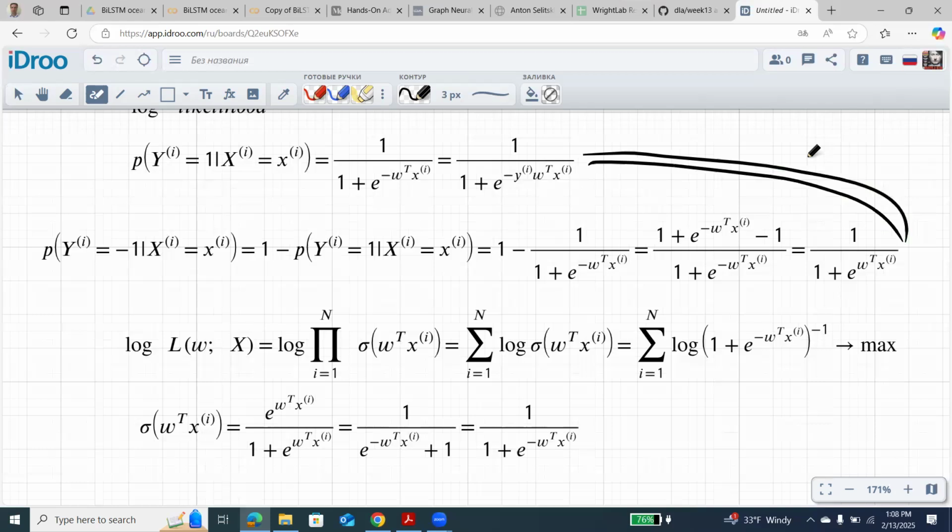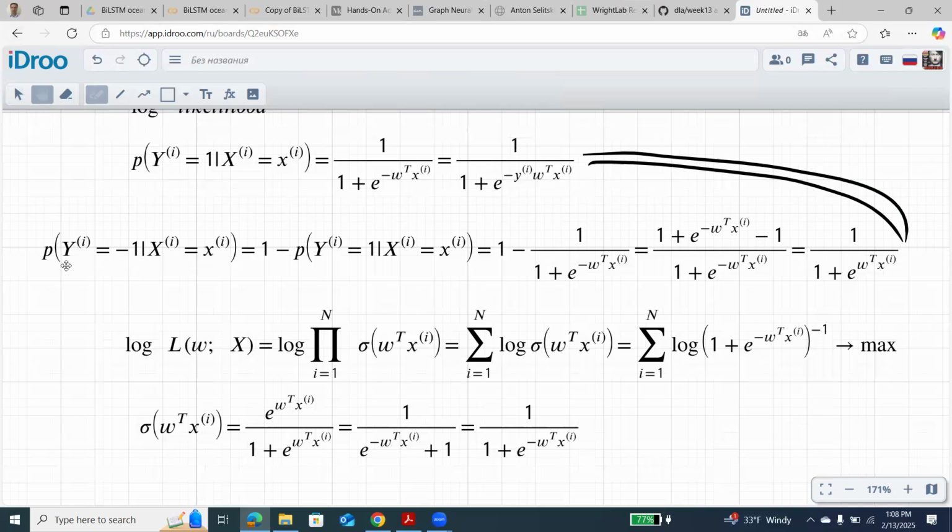It doesn't mean that the probability of positive class equals to the probability of negative class. It means that depending on the class, the formula will be exactly the same. They will be, of course, different for y positive and for y negative. But the expression, just the formula, will look exactly the same. And it will help us to write these probabilities because we will use exactly the same formula independently on the class.